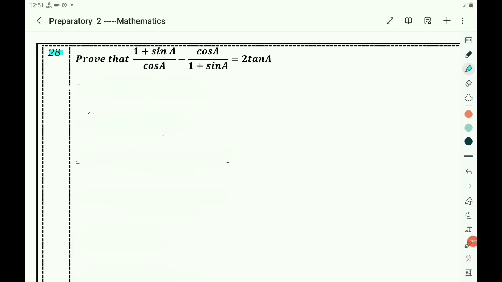Question number 28. Prove that 1 plus sin A by cos A minus cos A by 1 plus sin A equals 2 tan A. Now we write the LHS.